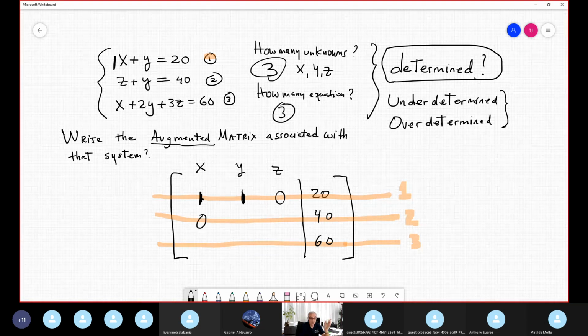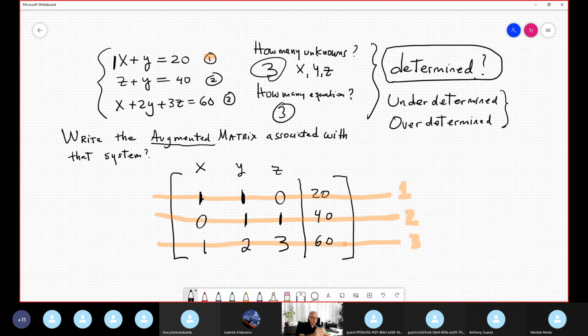No, easy. What is the coefficient of Y? 1, no? What is the coefficient of Z? 1. This is my second equation in matrix language. And the last one is easy: 1, 2, 3. End of the story. Do you understand this very well? It looks easy, but it's important. Any question?